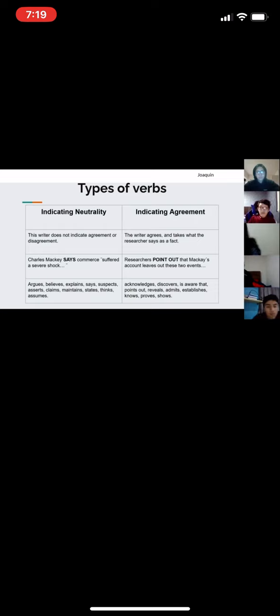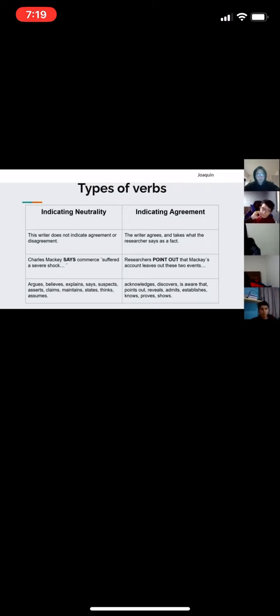Now, in contrast to the verbs indicating neutrality, we have verbs indicating agreement. Verbs indicating agreement are those which the writer uses to agree with a researcher's statement, taking it as a fact. An example of this would be, researchers point out that Mackay's account leaves out the mention of two events.